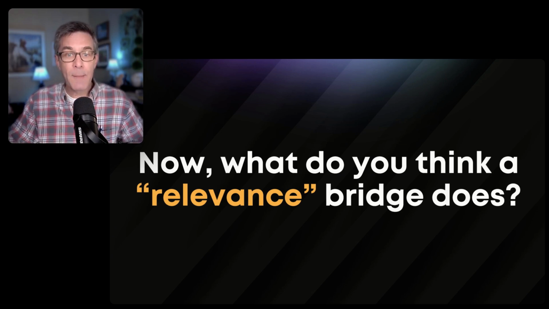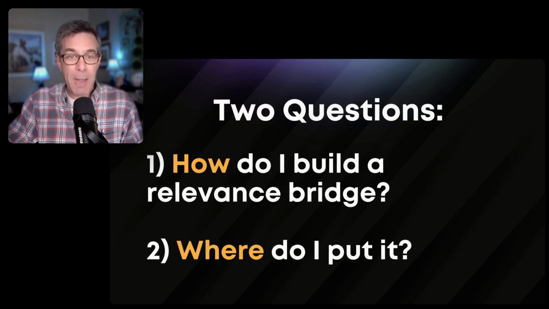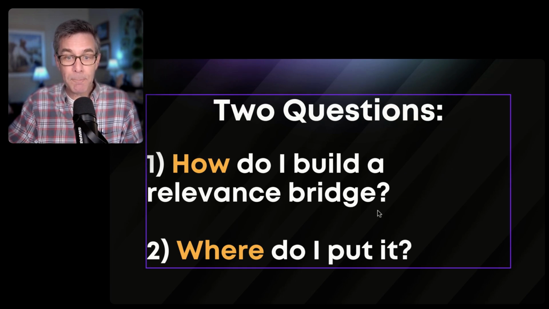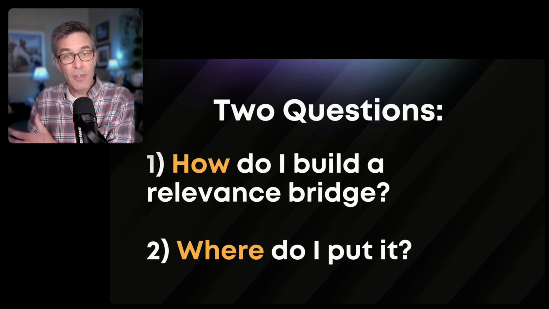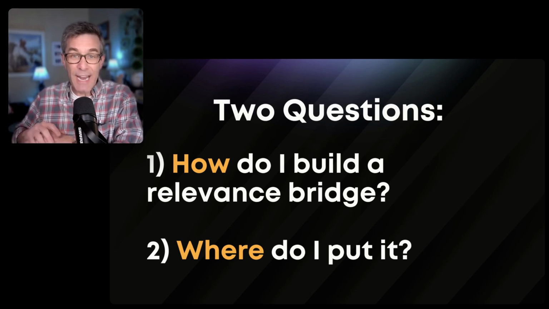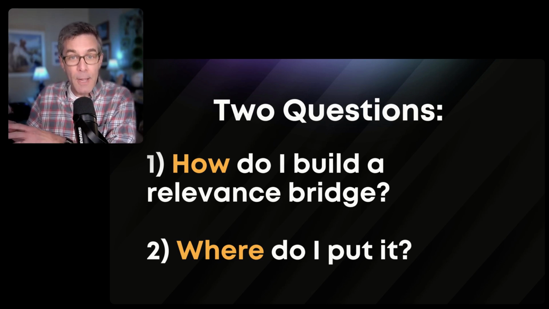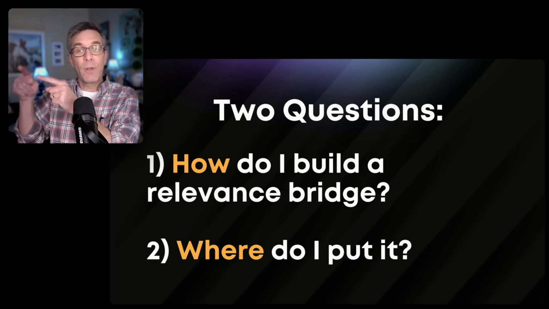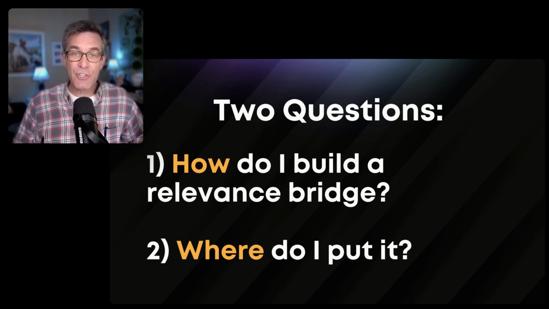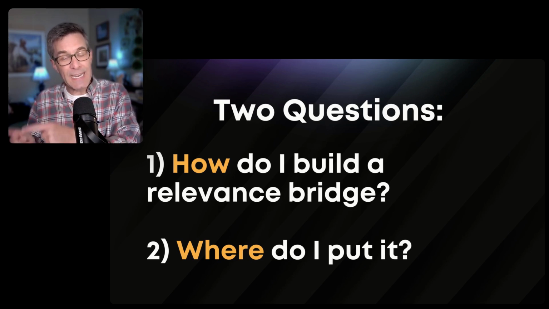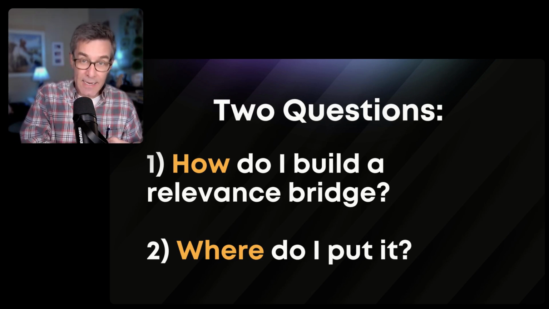And so when we think about these two questions, how do I build a relevance bridge? Well, the first way we build it is by asking that question. What were the issues, the struggles, the challenges, the sins, the fears of the original recipients of the text? Because whatever those things were, we now can bring it across the relevance bridge to our own contemporary context and show how the same things that they needed to hear, we needed to hear.